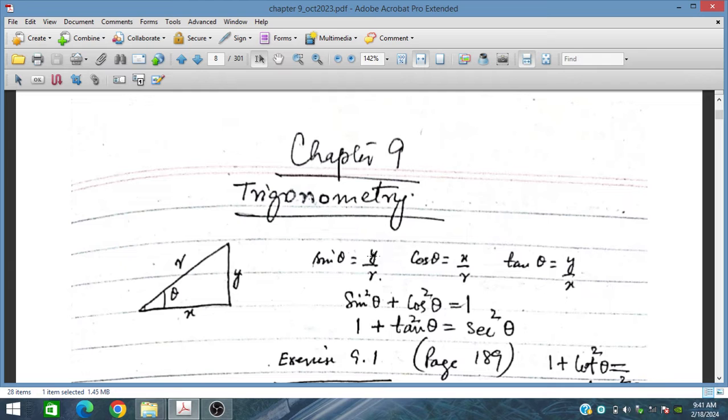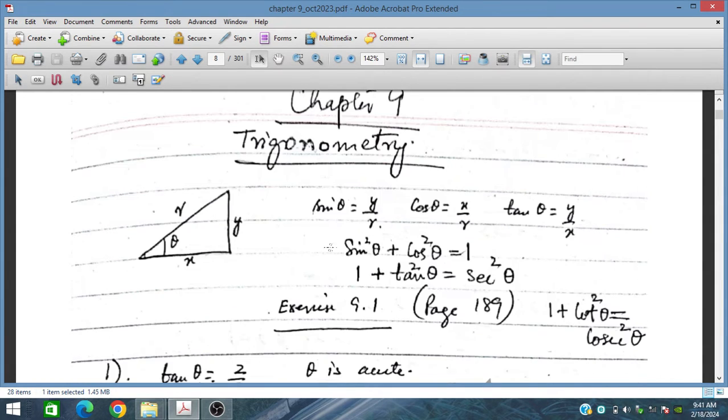So sine theta is equal to y upon r: the perpendicular to the angle upon the hypotenuse, the largest side. Similarly, for cos theta, we have the base, the adjacent side, upon the hypotenuse. And for tangent theta, we have the perpendicular and adjacent relation. This is very, very important.